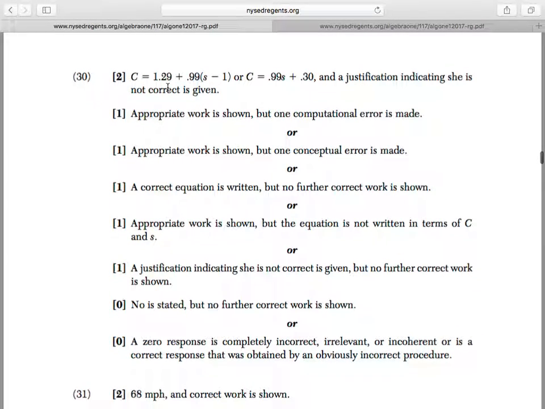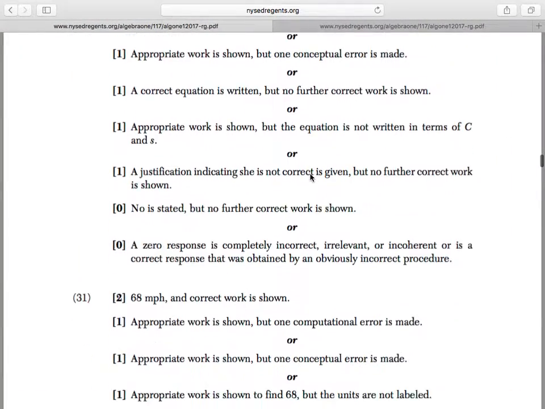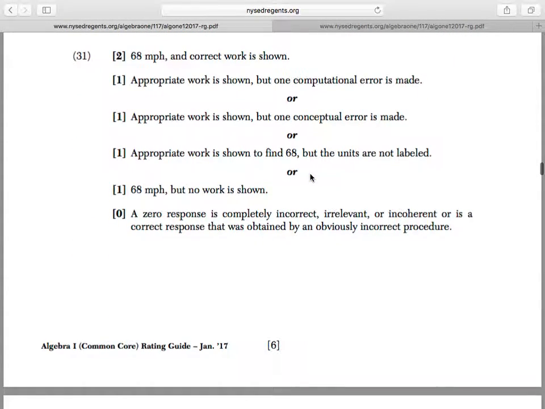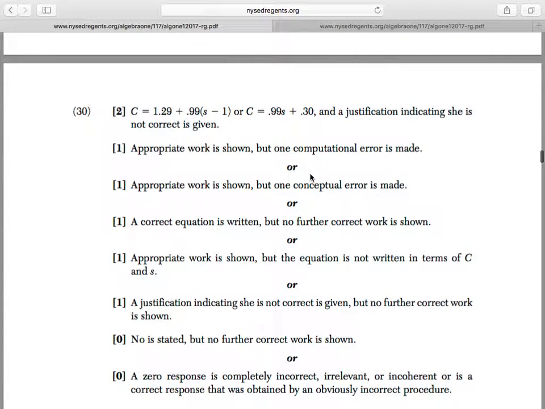Okay, here's the one for number 30. Number 31. Either one of those 2 formulas works.